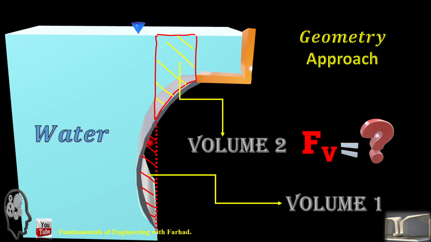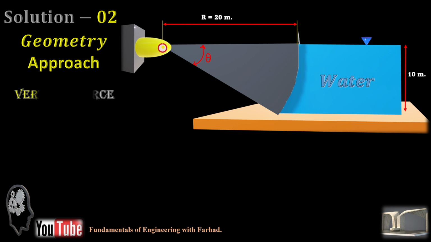The gate is still in the water, so we can consider a virtual volume of water. That's volume 1. In the real case, there is no water in this part of the gate, but we can assume that it's virtual water and calculate the volume. Then F sub V for such a case is simply gamma of water times volume 1 plus volume 2. But let's see how it goes in our case.